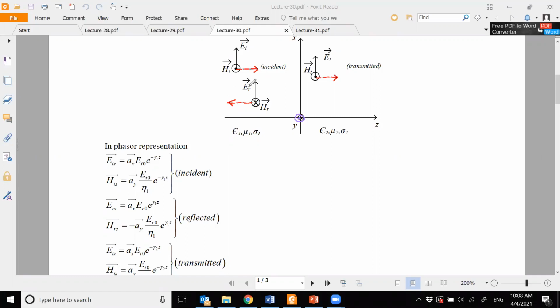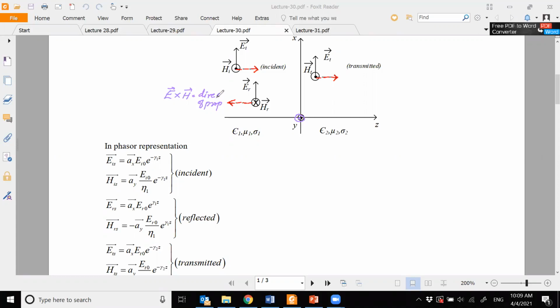Now, based on your electric field and your direction, you need to find your magnetic field, because we know that E cross H will give me the direction of propagation, right?